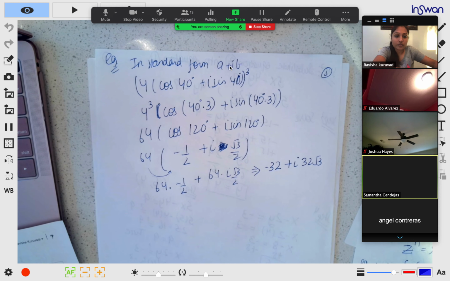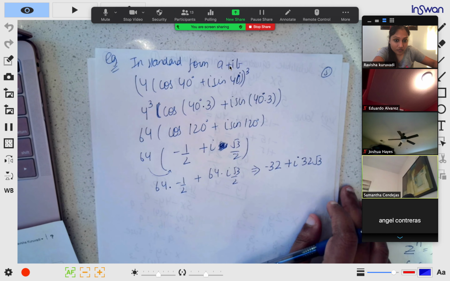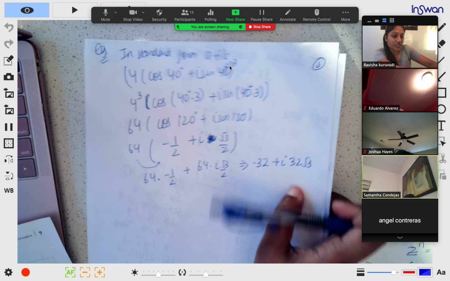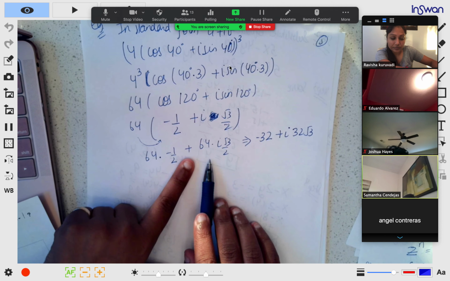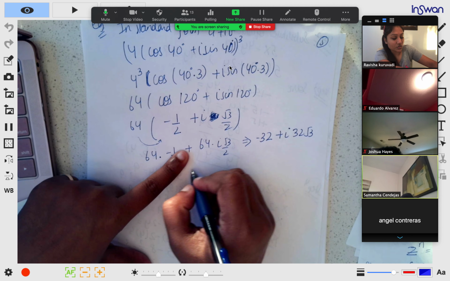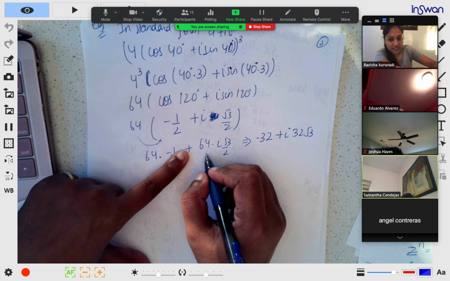Wait, I have a question. Yes. How do you get the I 32 root 3 there? So basically, did you get till here, Samantha? Yes, I get everything. And then we simplify this thing, so when you multiply, it's 64 over 1.